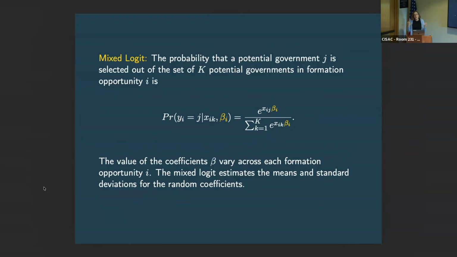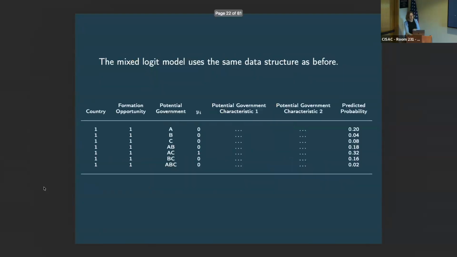It allows us to take account of the fact that there might be heterogeneity, and we're going to get a mean coefficient that gives us the average effect of one of our independent variables, as well as a standard deviation that tells us the extent to which the magnitude of that effect varies across formation opportunities. Same exact data structure as before.